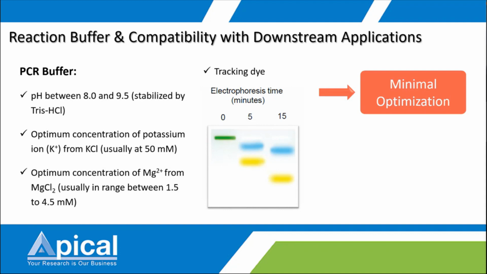We highly recommend you always use the provided buffer to achieve optimum PCR results for your routine PCR work. Also, some PCR buffers may come with a loading dye, or tracking dye, which gives you convenience when you want to check your PCR product in agarose gel electrophoresis.